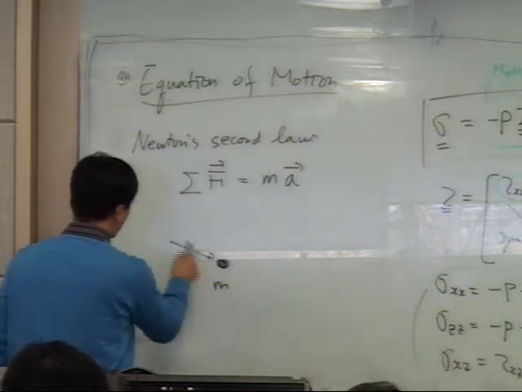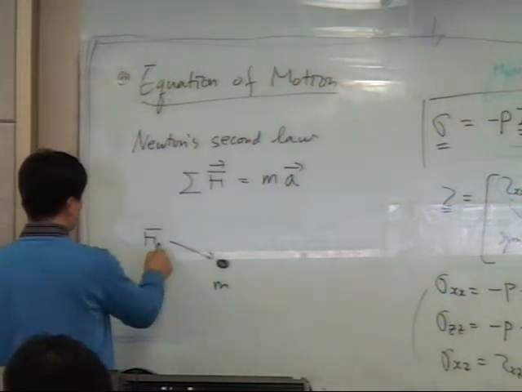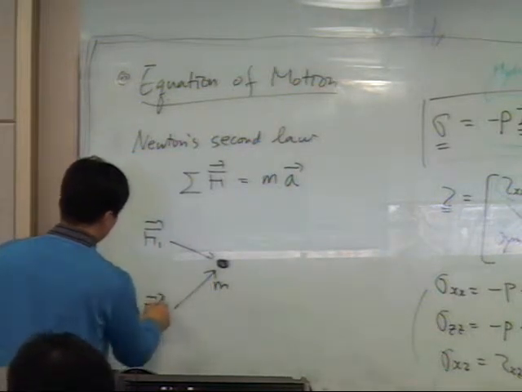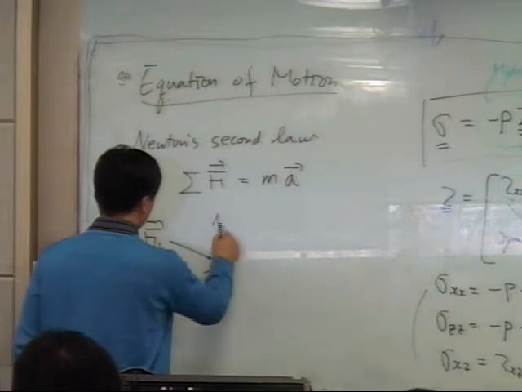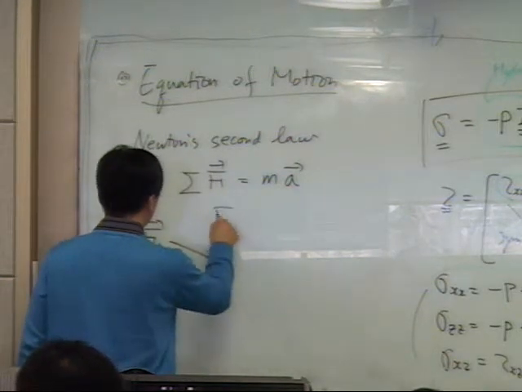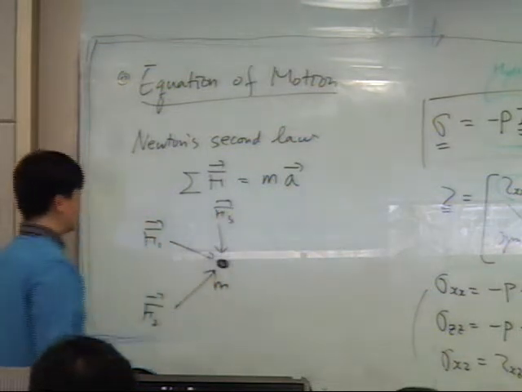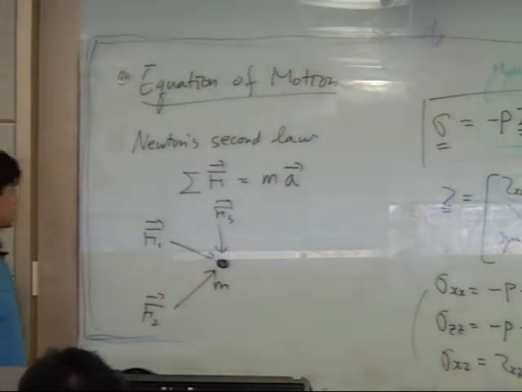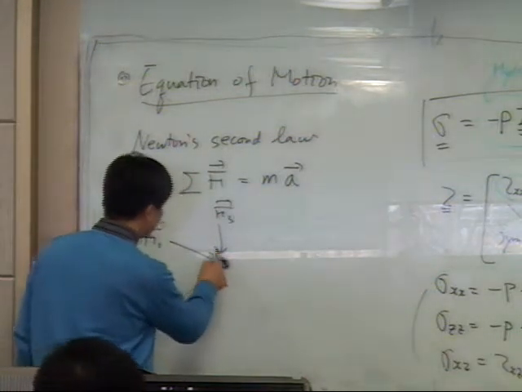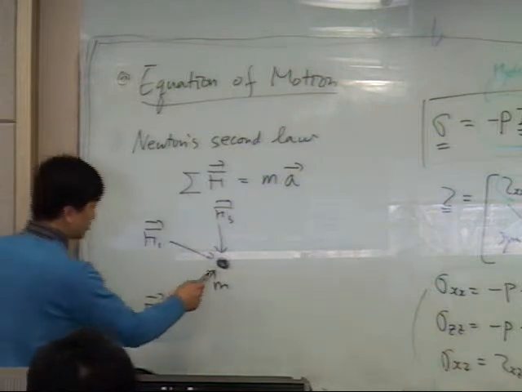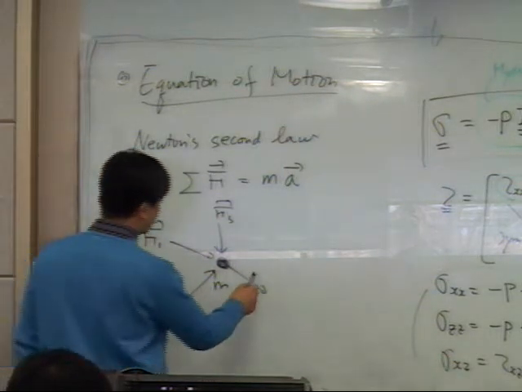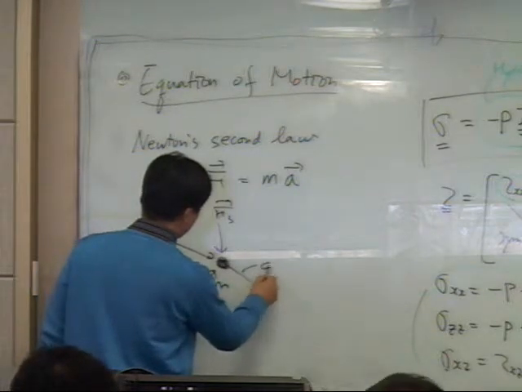There are going to be a lot of forces. Let's say force 1, force 2, something like that, and force 3. If I sum them on this mass, due to these forces it will move in some direction with some acceleration a.